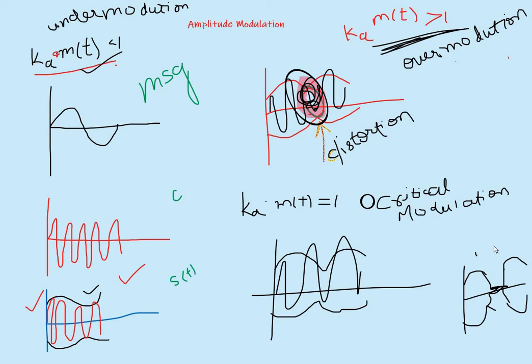Up to a certain period of time there is no transmission. So this happens when ka of m of t is very less than 1. So in case of under modulation this happens. Okay, so this is not needed. This and this are somewhat needed, but generally critical modulation is much more preferred.